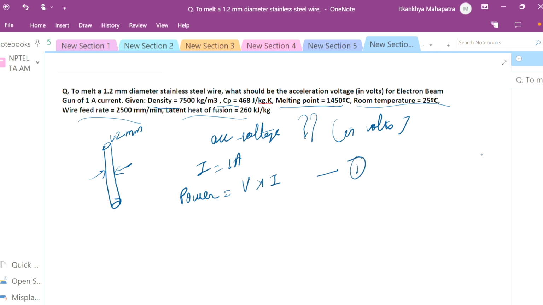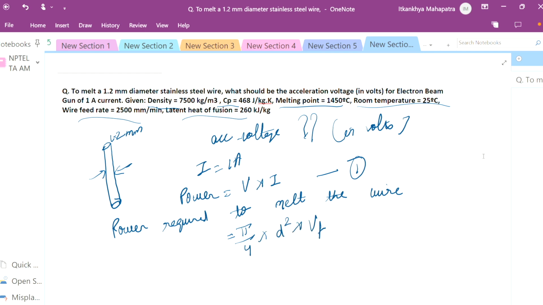This is one equation. The other equation is the power required to melt the wire. This will be pi by 4 into d square into the feed rate Vf, and into density into Cp into melting point minus room temperature, plus latent heat.